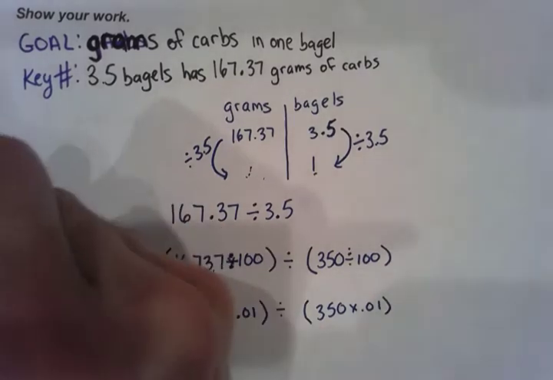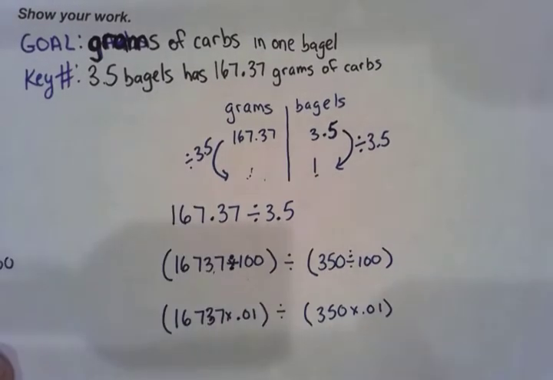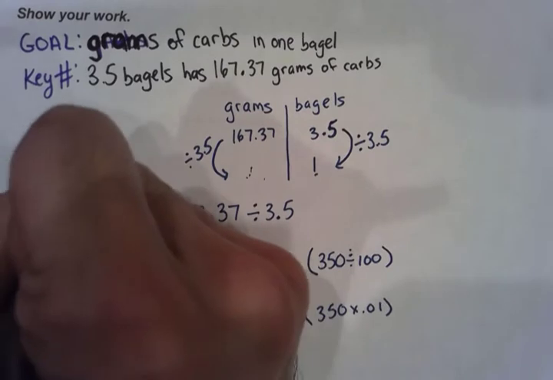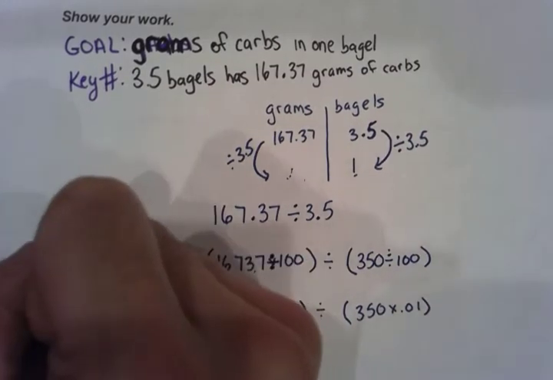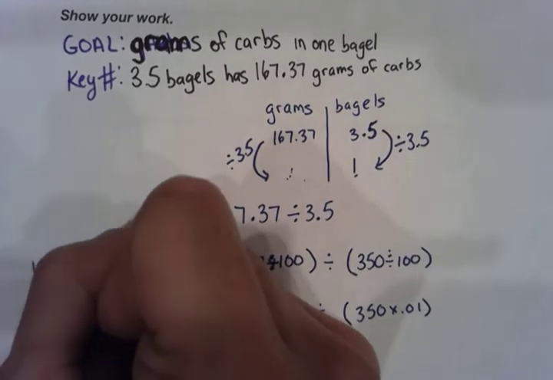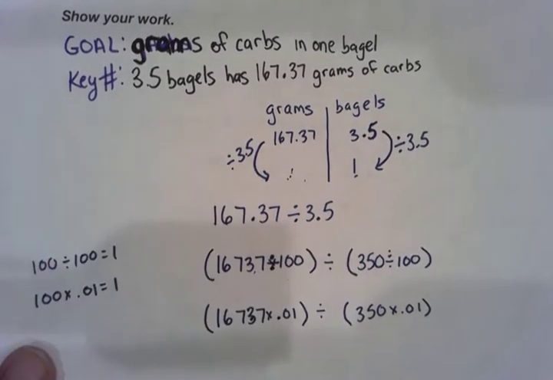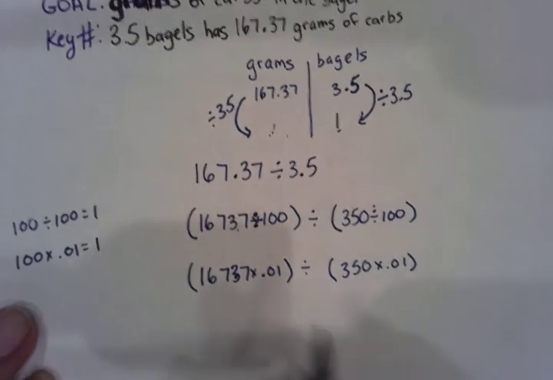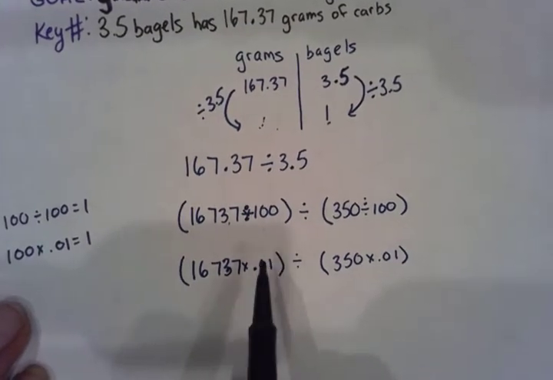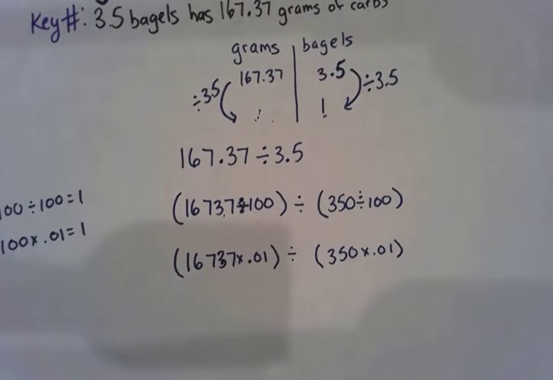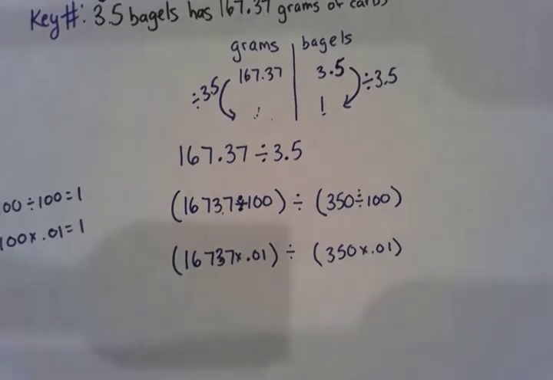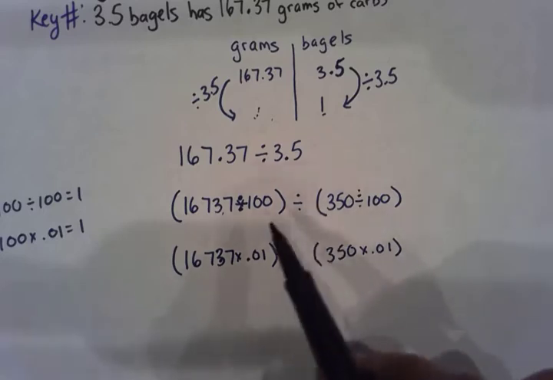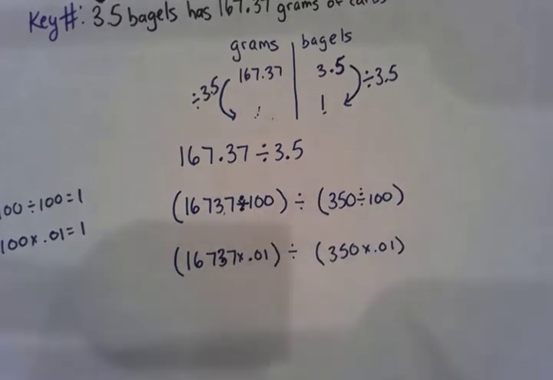For example, 100 divided by 100 equals 1, and 100 times 0.01 equals 1. So these expressions are equivalent. So Mr. Morales hasn't changed anything. He changed the expressions, but they're still the same expressions at the end of the day. He just went from dividing by 100 to multiplying by 0.01.